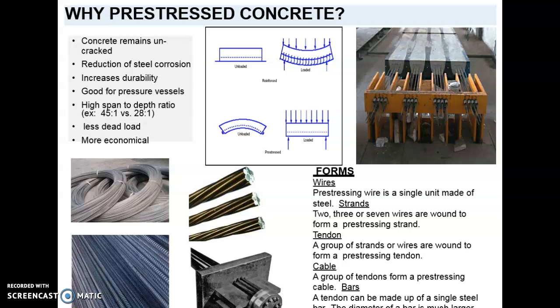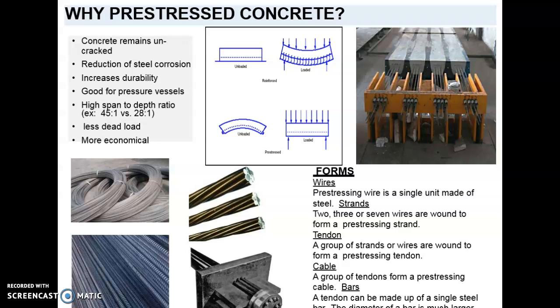Forms. The main reinforcement steel used in prestressed concrete are wires, strands, tendons, cables, and bars. Wires: a pre-stressing wire is a single unit made of steel. Two or more wires are wound together to form a pre-stressing strand.